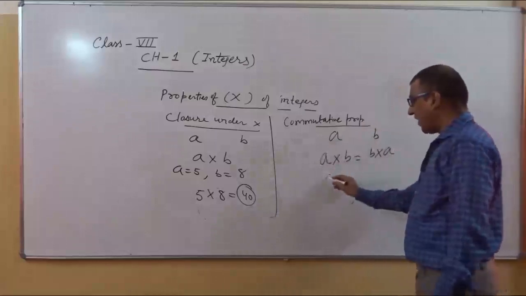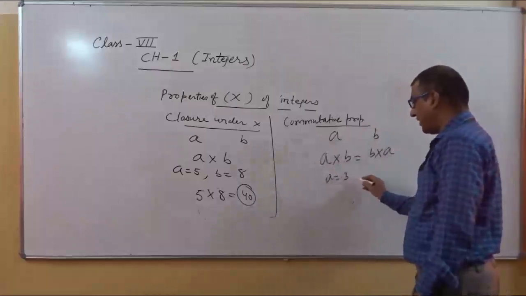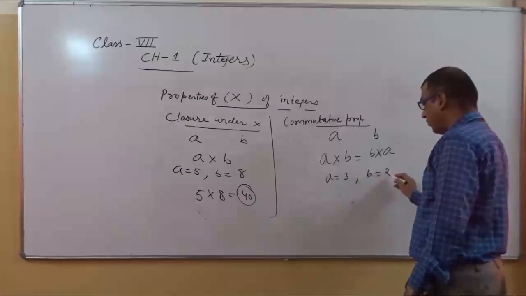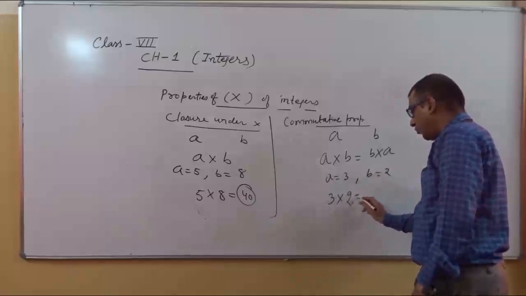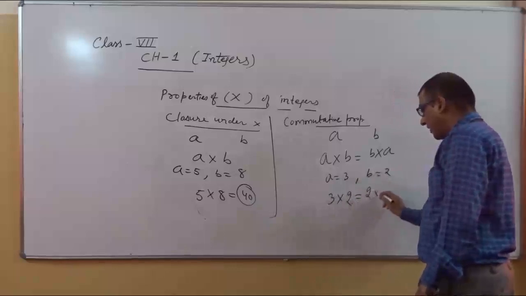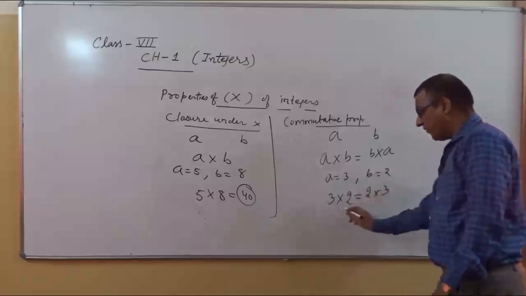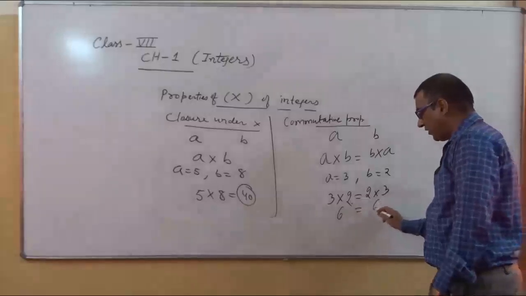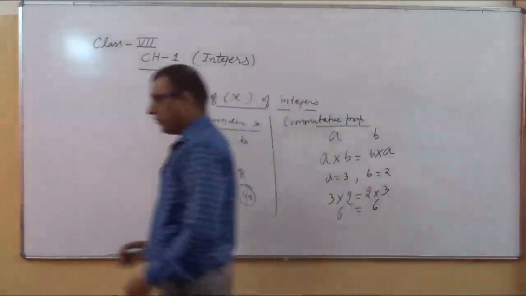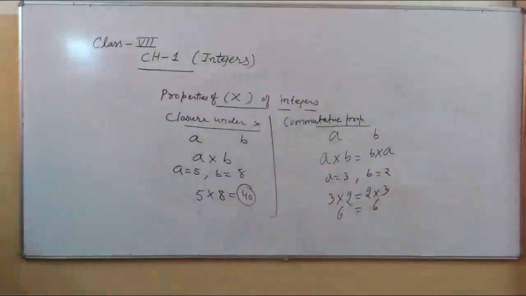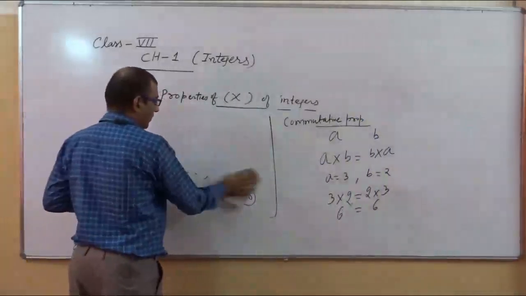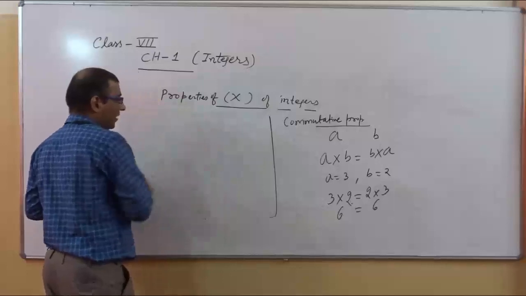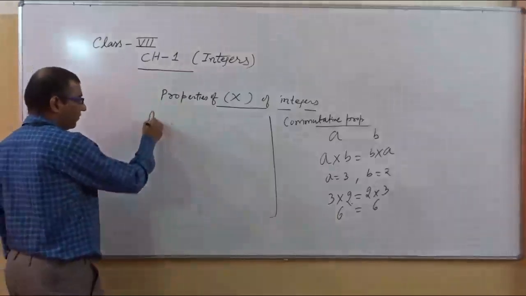For example, if I take the value of a as 3 and the value of b as 2, then 3 into 2 becomes 2 into 3, and when we solve it, we will get 6 equals 6. So we can say the commutative property is applicable for multiplication. After the commutative property, I continue with associative.